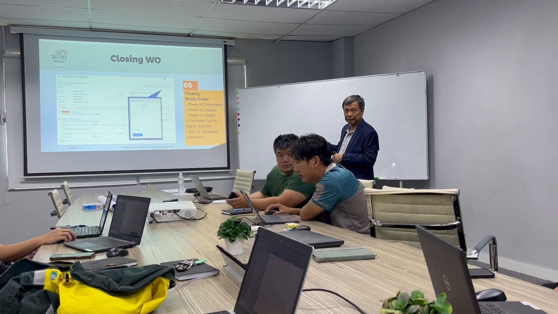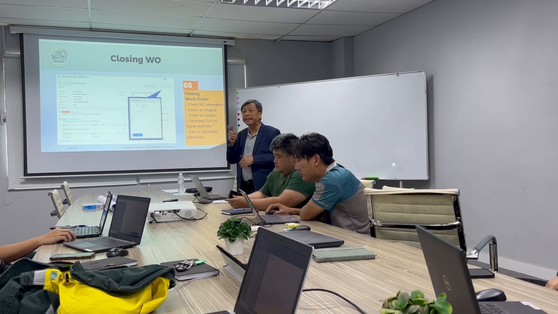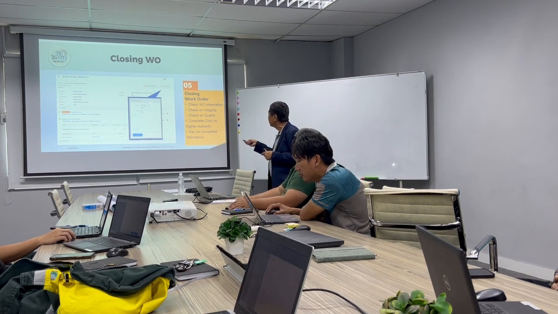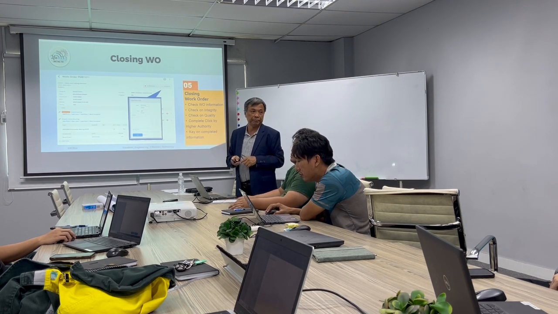Also, now this one is very important. Why? Because this time indicates the starting of the task and the completion of the task, used to calculate your downtime. That means automatically it will calculate your downtime. So for every equipment, you can track the downtime.